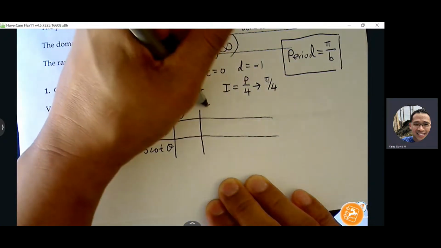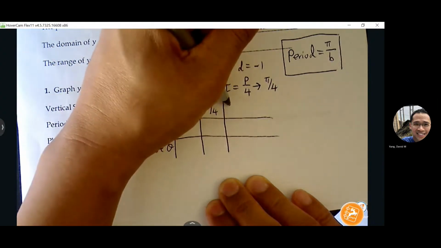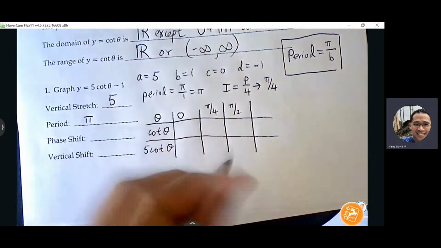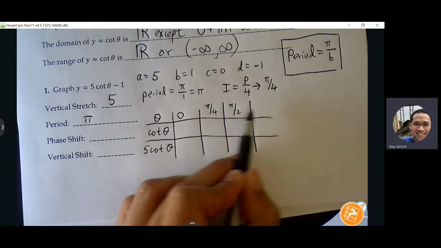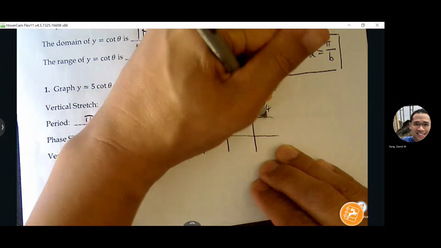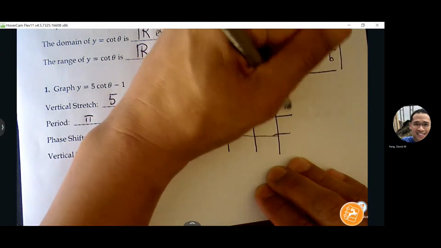Pi over 4. Pi over 2. All right, this is plus 1/4 is 1/4, 2/4, 3/4, and that's 4/4 or pi.